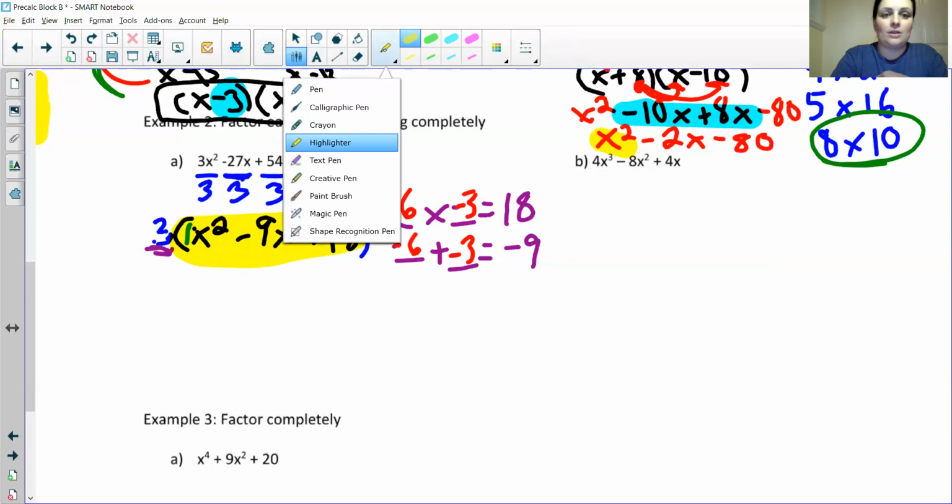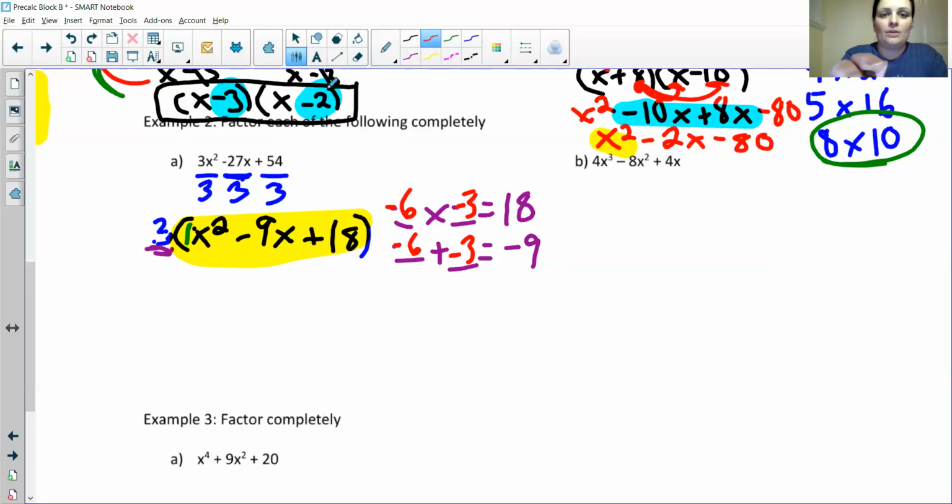you're going to write those factor brackets. So this 3, we didn't forget about it. It still gets written down, but instead of all this stuff that's highlighted, we're going to write factor brackets. Our variable is an x, so we're going to write an x in both of the brackets. And then our 2 magic numbers are negative 6 and negative 3.